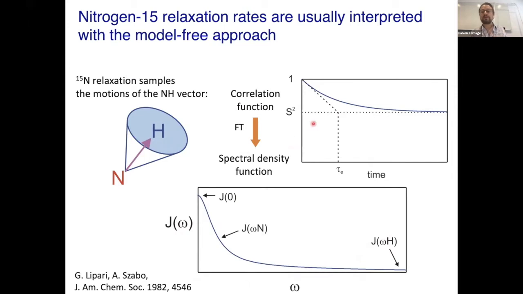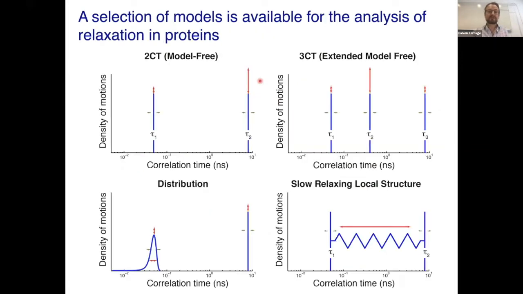The parameters we obtain from the internal correlation function are the order parameter, the limit at long times of this internal correlation function, and an effective timescale for those internal motions.